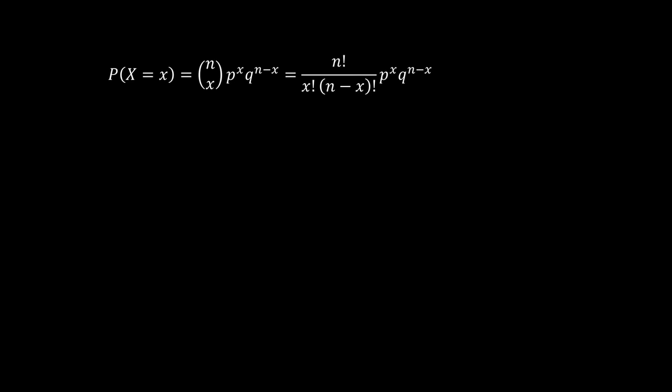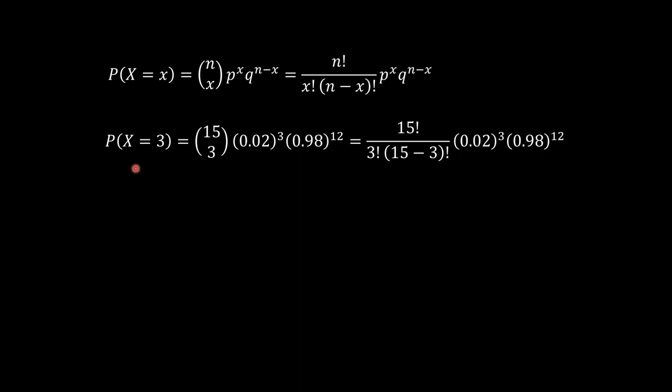This is the formula. Substitute 15 for n, 3 for x, 0.02 for p, and 0.98 for q.